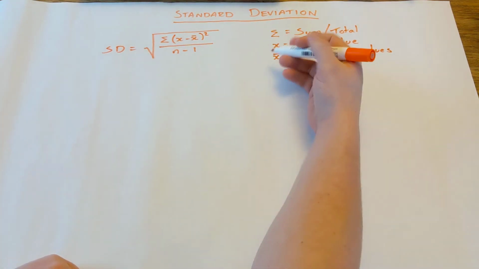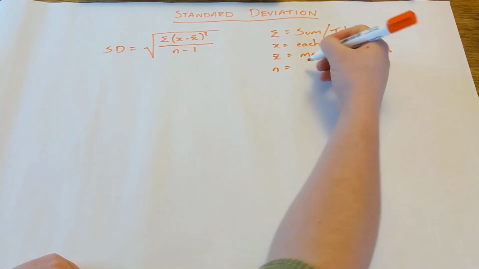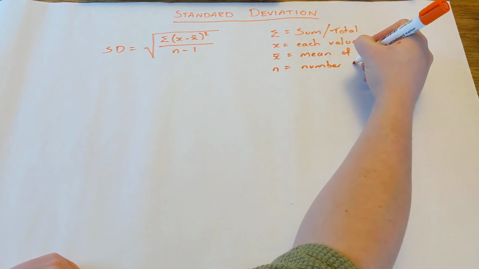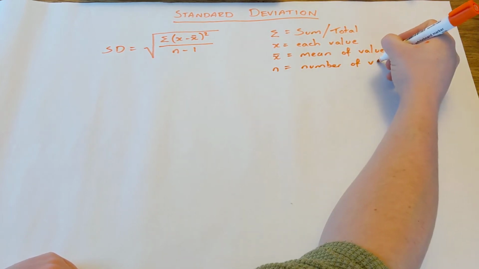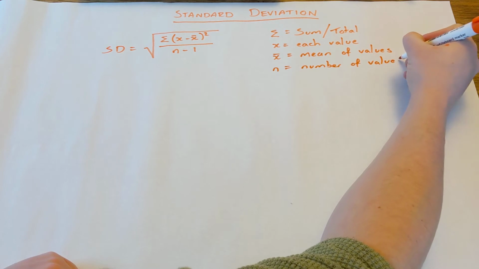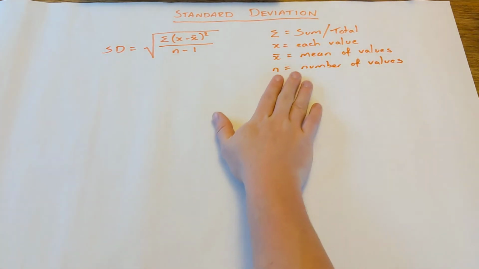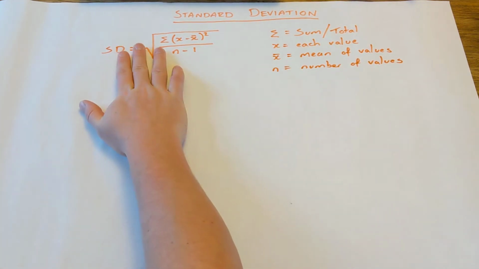And then n, yeah, that's our number of values. Okay, so n is going to be really big if we are looking at a lot of information. It's going to be really small if we're not looking at very much. Okay, and when we work all this out, that tells us a standard deviation.